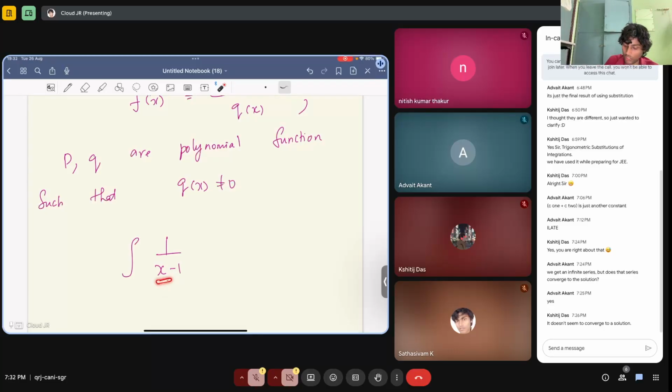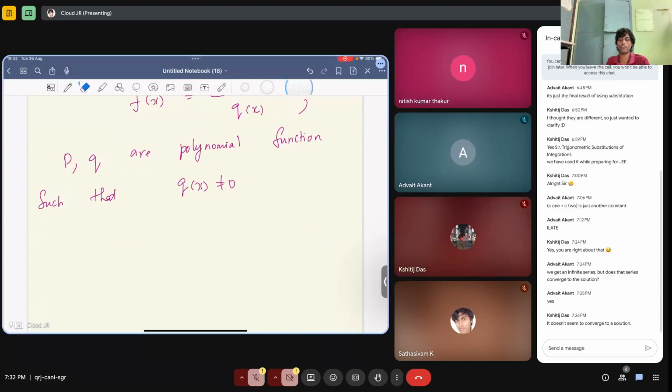So you're looking at the function in its domain. This function is defined everywhere except x not equal to 1, so you consider it as a function from R minus 1 to R.